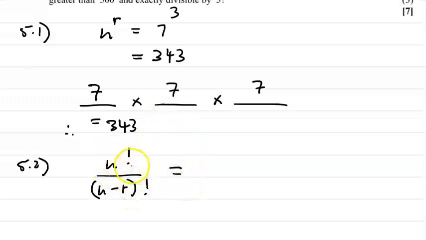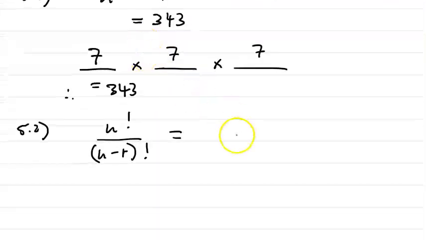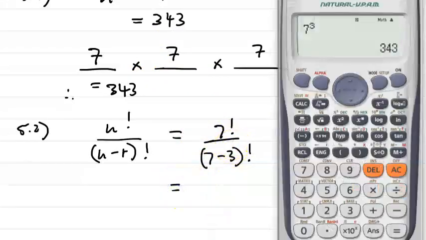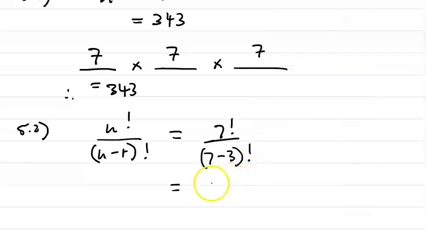So once again, we know that we have 7 digits, so 7 items to arrange, so that will be 7 factorial all over 7 minus 3 factorial, and that's equal to 210.